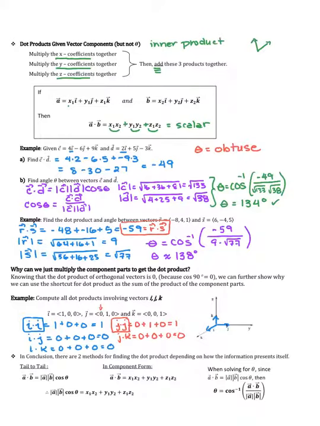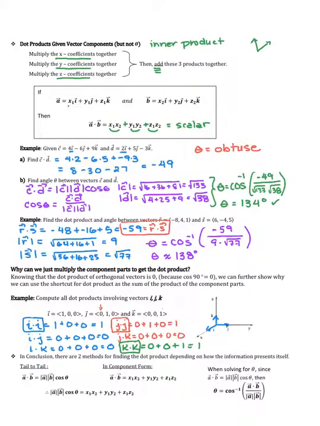And then the last one, since we've done k and i and k and j, is just going to be k dotted with k. So that's going to be a 0 plus a 0 plus 1, which gives me 1. So this is why the inner product works. Everything else goes to 0, but when you multiply the x components together, the y components together, and the z components together, you get a scalar multiple of your 1, the result.